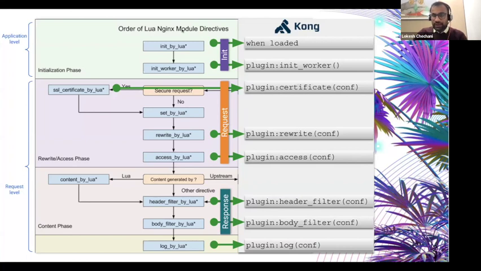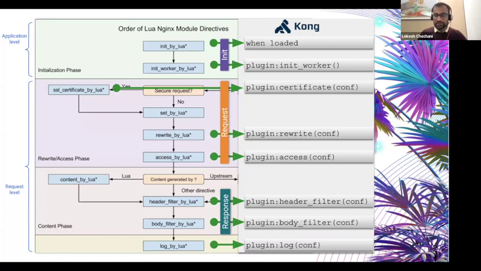Now, if I talk about how we categorize these methods into various phases and levels, there is also something called the init phase. What it does is, if you want to initialize something that is not attached to your request and response lifecycle, this is where it goes. That's why it wasn't in the previous diagram.